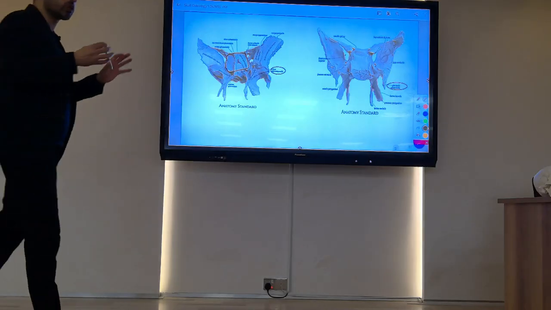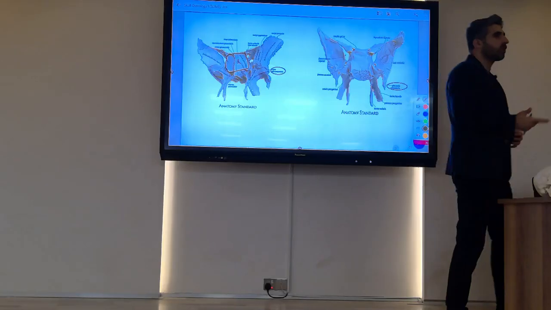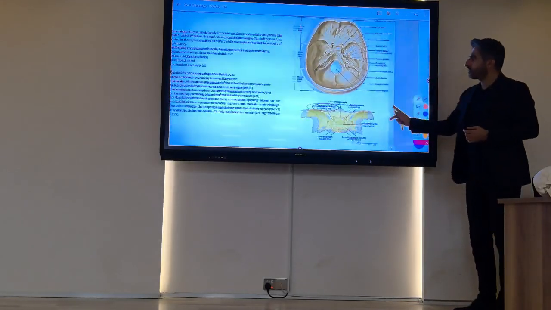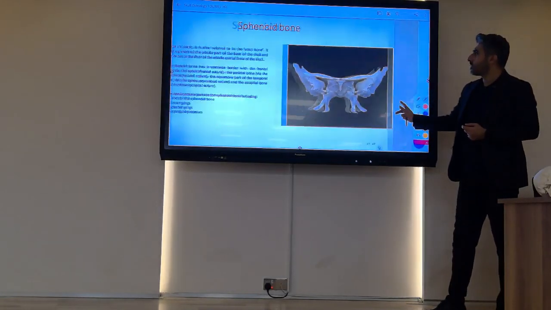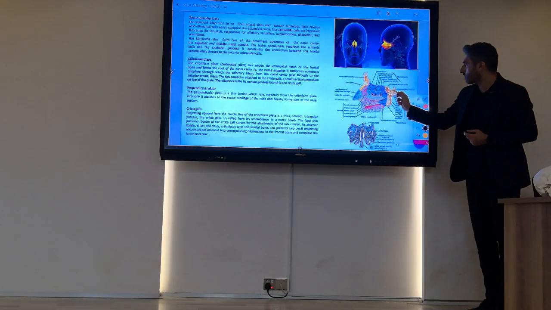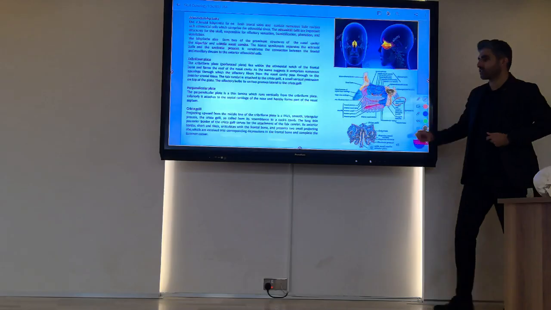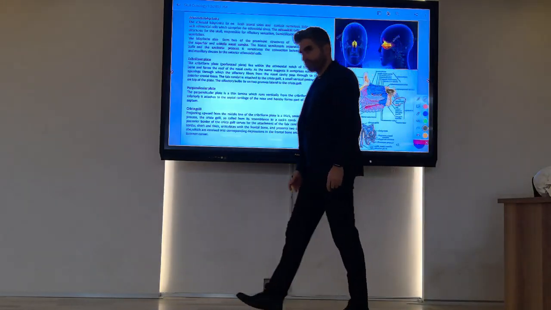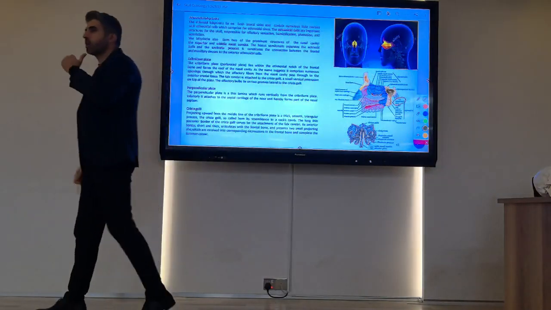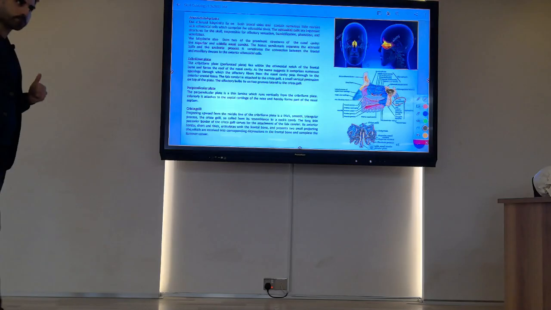So where is the sinus, this empty space in the sphenoid bone? Look at here. Inside of the body, you have a sinus. You can see it from this view. Inside of the body, this empty space is the sinus of the sphenoid. So this paranasal sinus in the sphenoid is located in the body.